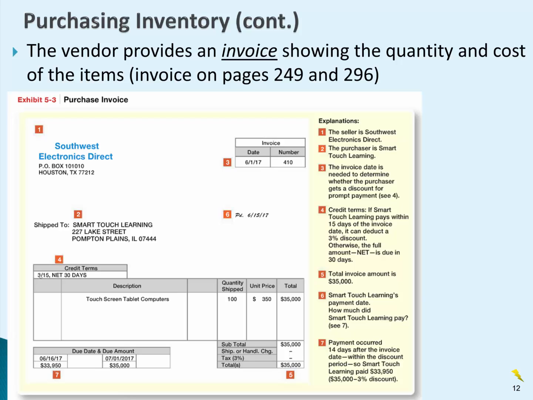For example, remember we get 3% off if we pay within 15 days. So they've done the calculation for us. So they're saying if we pay by June 16th, which is 15 days from this date, then we only pay $33,950, which is this $35,000 minus the discount.